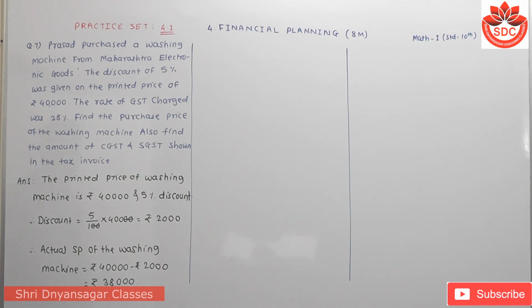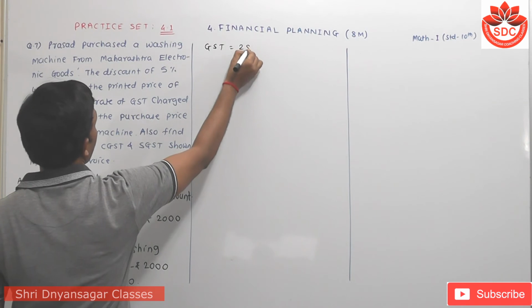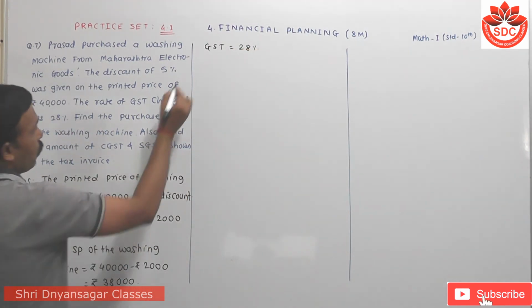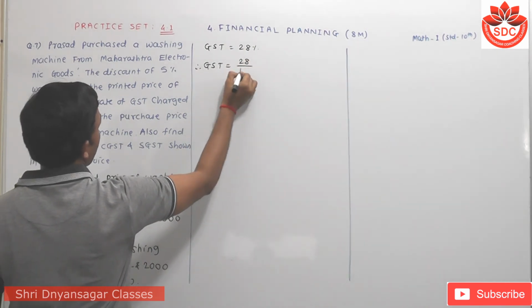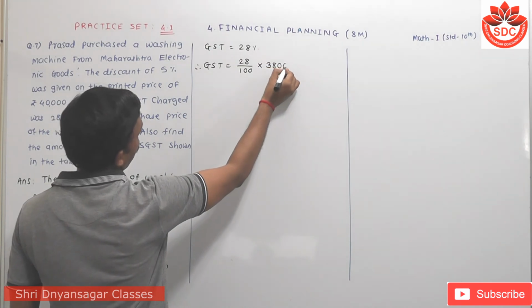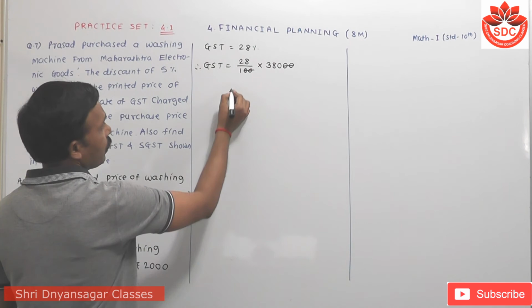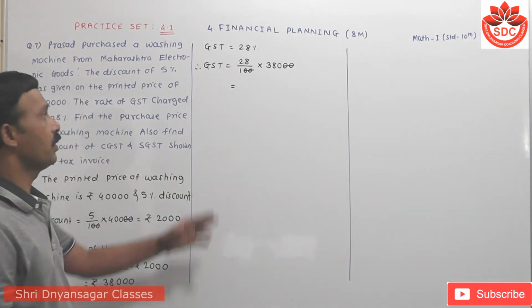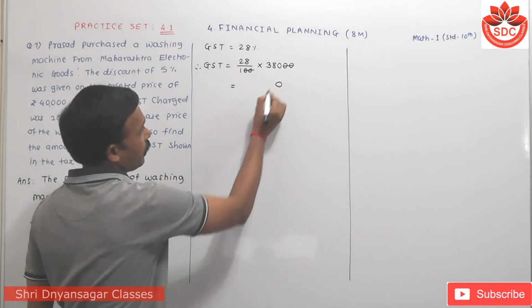Now student, GST on this 38,000, here GST is given 28%. Therefore, total GST is how much? 28% into 38,000. Then also the 0 get cancelled. I have to multiply this 28 to this 380, this 0 as it is.